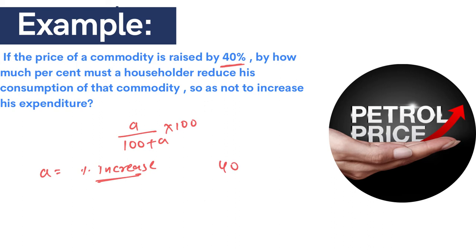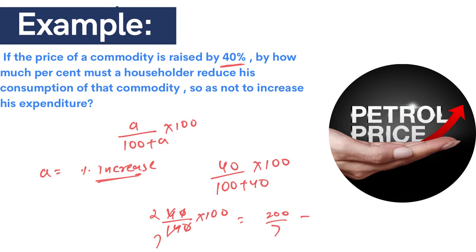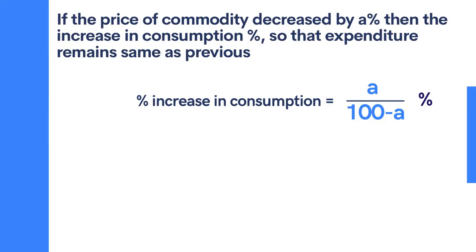So 40 divided by 100 plus 40, into 100. So 40 divided by 140 into 100. When I cut 0 to 0, this number is 2 and this is 7. So again this is 200 divided by 7, or 14.28 percent.